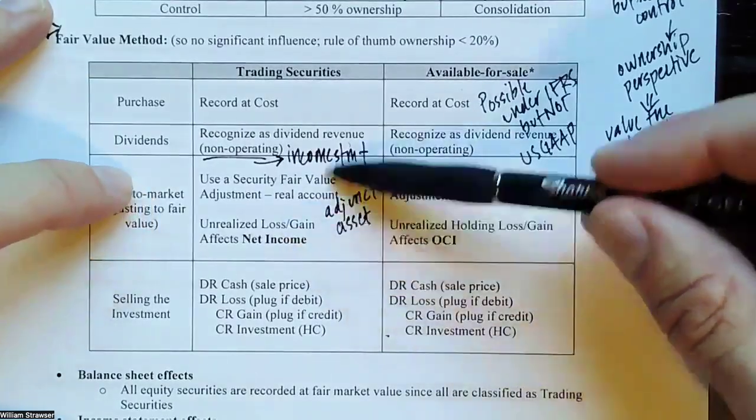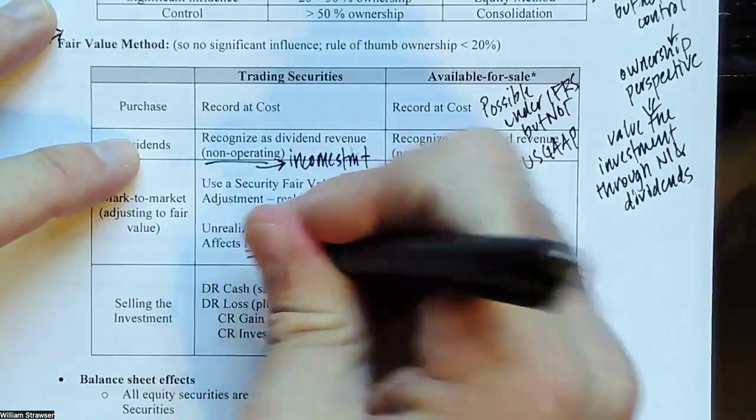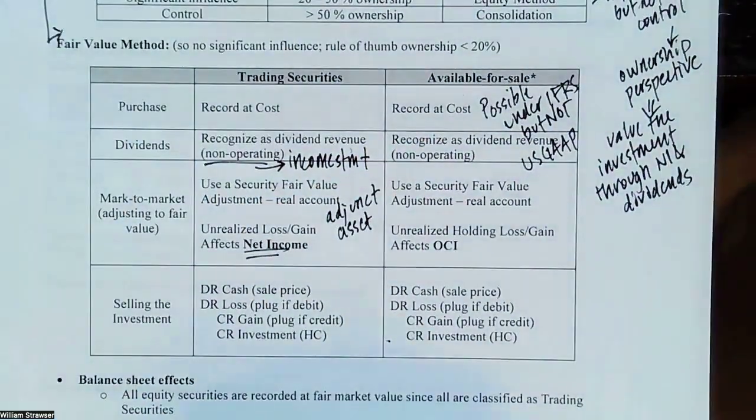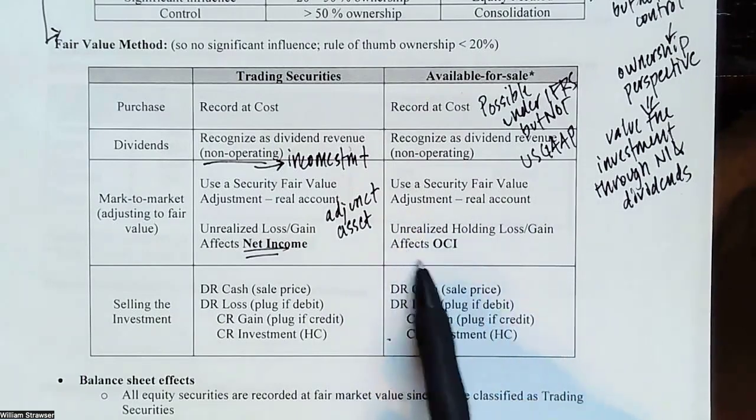The unrealized gains and losses from a trading security do affect net income. So they do end up in the income statement prior to the disclosure of net income as a subtotal. And that's in opposition to if we were to record it as an available for sale security.